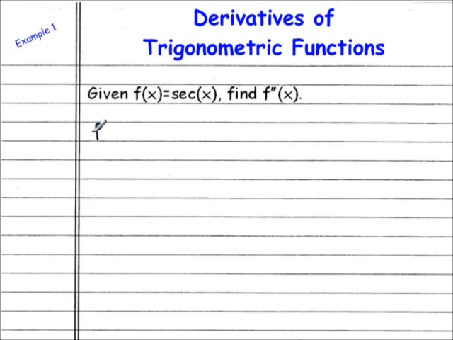So we begin with the first derivative, and the derivative of secant of x, which we just discussed and are in the process of memorizing, is secant x times tangent x. Once we have the first derivative, to find the second derivative, we take the derivative of the first derivative.